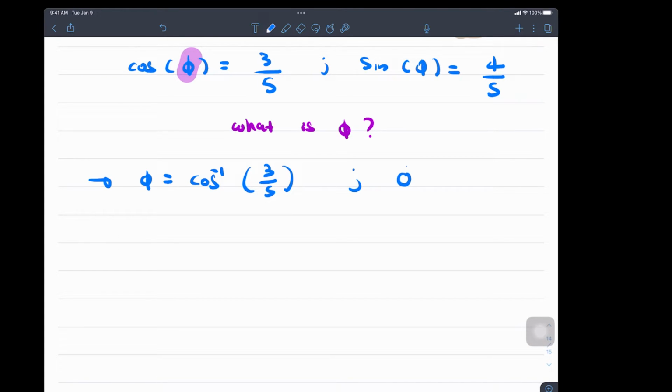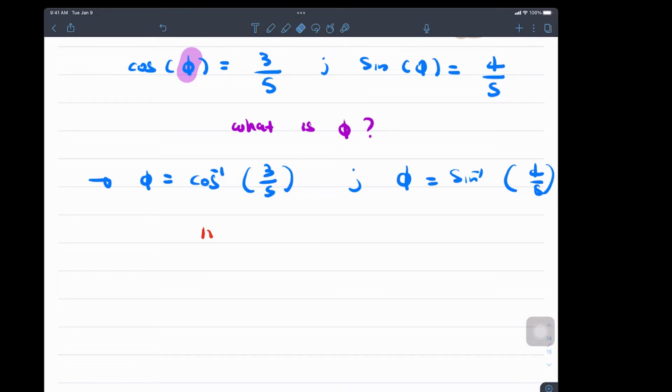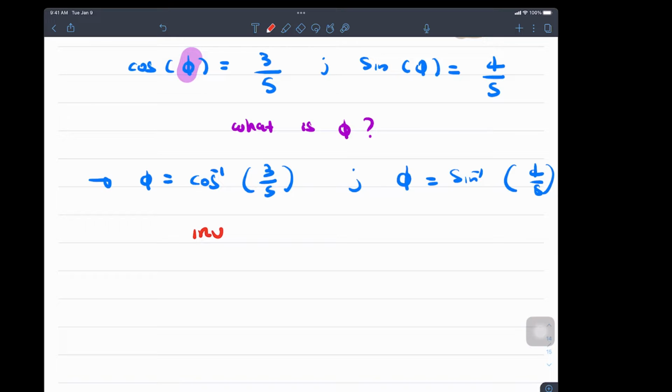This also means phi is the inverse sine of 4/5. So we're going to have to talk about inverse functions, right? Inverse are reverse functions. We have this inverse function, with the exponent -1.